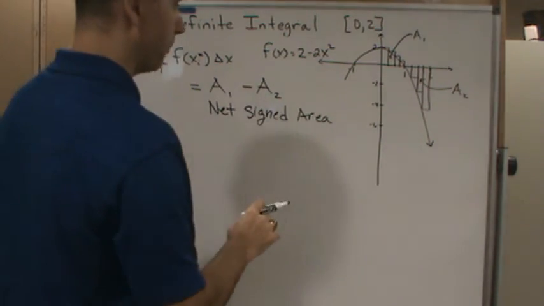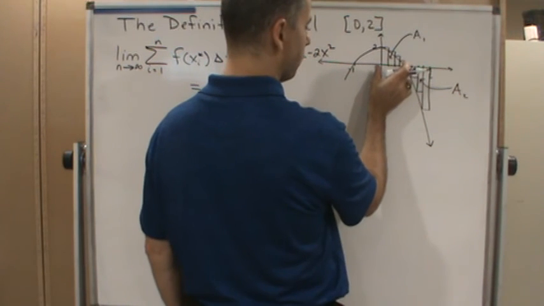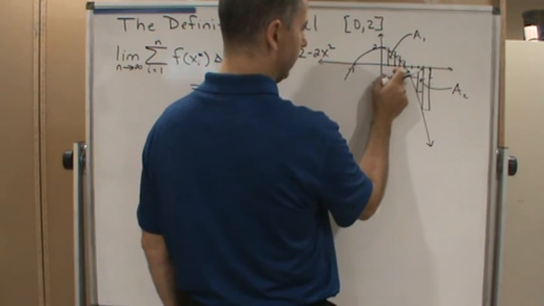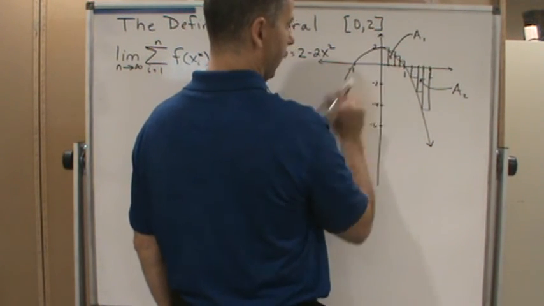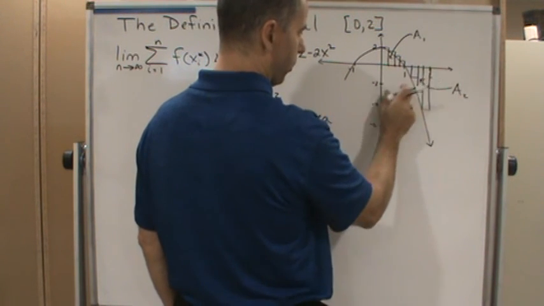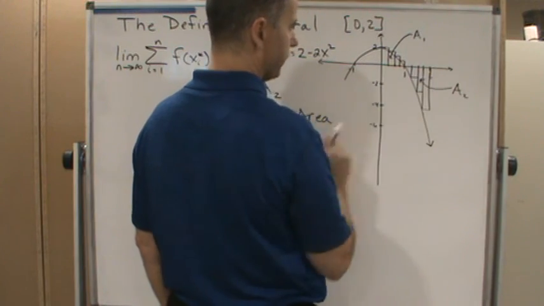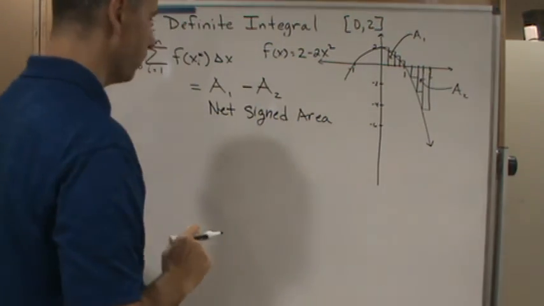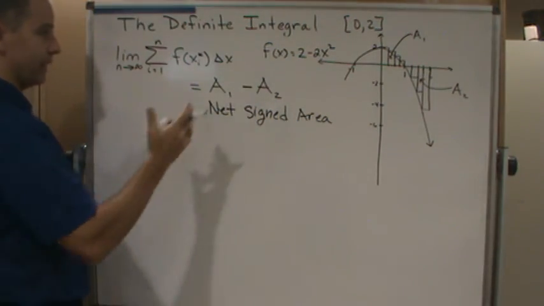So you can see from the approximation, if we use Riemann sums from 0 to 1 here, that's going to give us an approximation for A1. And if we use the Riemann sums for 1 to 2 here, then it's going to give us an approximation for A2.